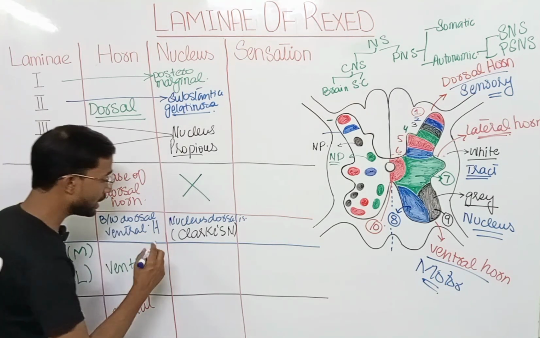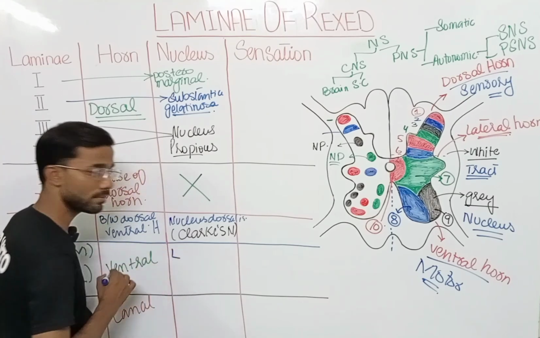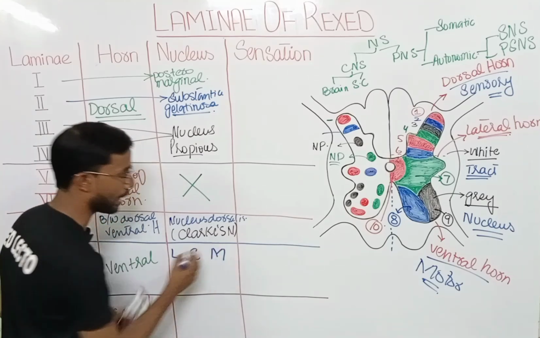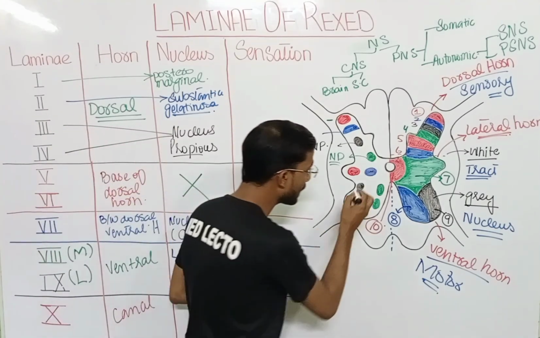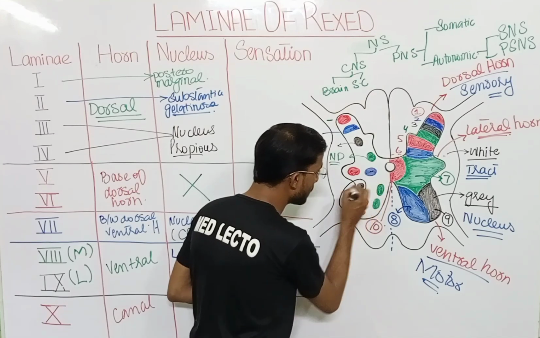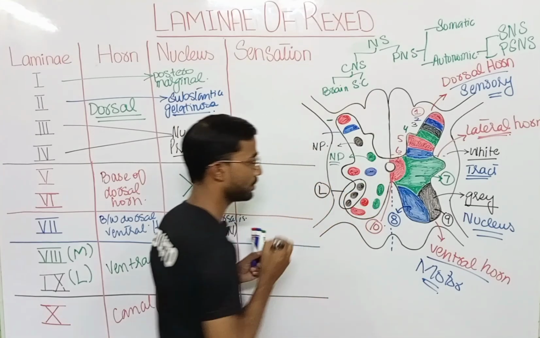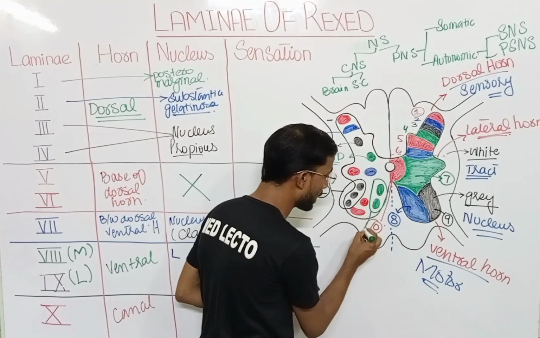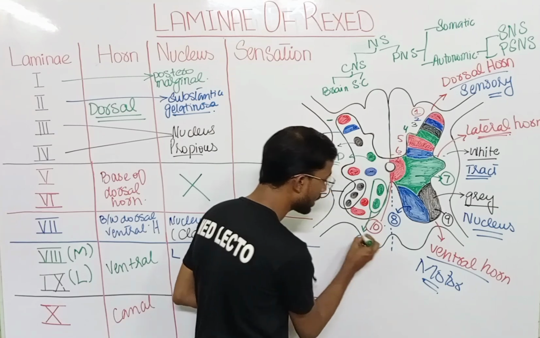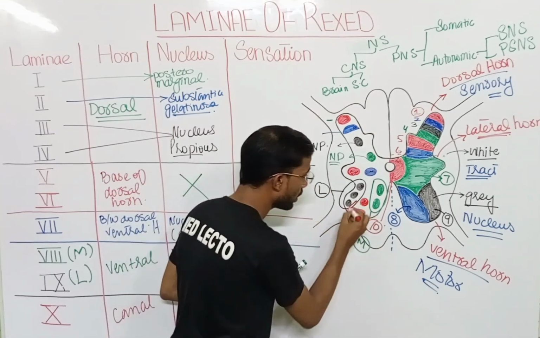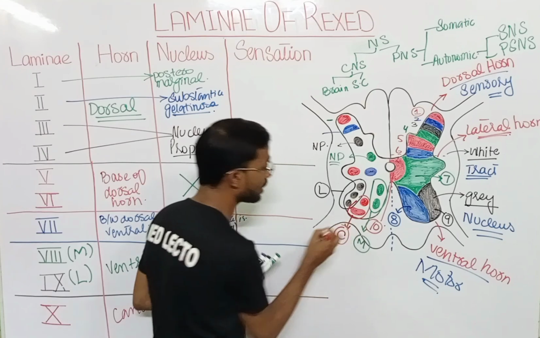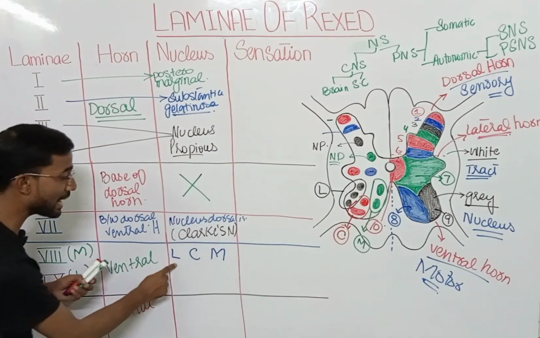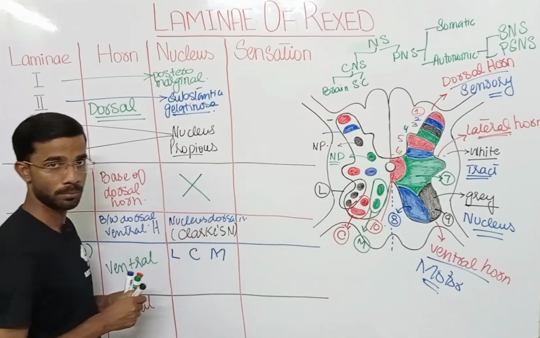If you see here, these nuclei are present at the lateral side, these 2 nuclei are present at the medial side, and these 2 nuclei are present at the center of the spinal cord.